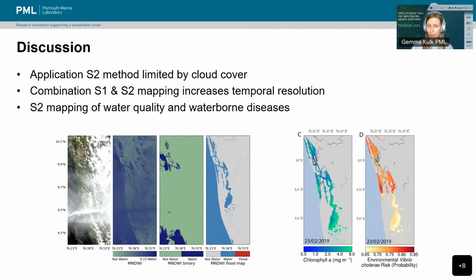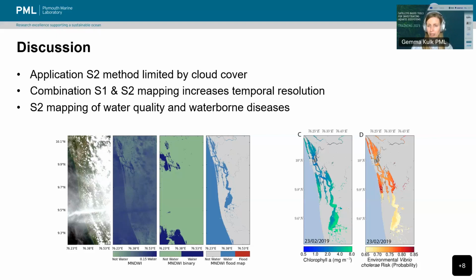Nevertheless, we consider flood mapping using multispectral remote sensing data a valuable addition to the existing technique based on the SAR data, with Sentinel-2 images available every 5 days for Lake Vembanot and Sentinel-1 images only available every, I think it's now 20 days.